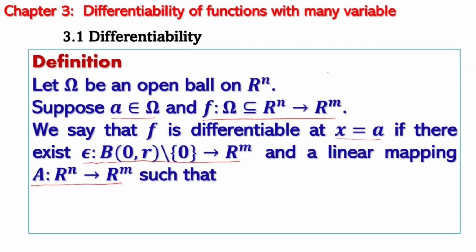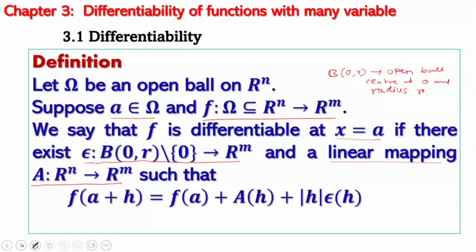Here B(0,r) is the open ball centered at 0 with radius r, and there exists a linear mapping A from Rn to Rm such that f of a plus h can be re-expressed as f of a plus A of h plus absolute value of h times epsilon of h.